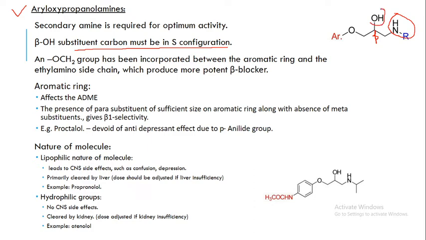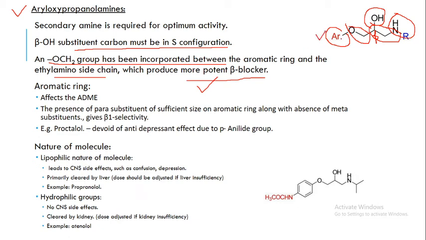An OCH2 group incorporated between the aromatic ring and the ethylamine side chain produces a potent beta blocker. So the OCH2 group should be located between the aromatic ring and the ethylamine side chain, giving more potent beta blocker activity.